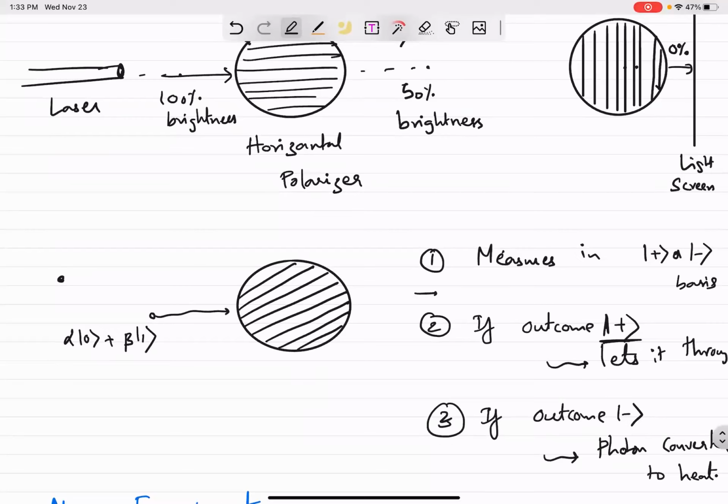It measures the incoming photon in the plus or minus basis. And when we measure, the outcome is plus with probability proportional to the length of the projection of 0 along plus, which is half, right? Then it goes through. Or it's minus with probability half, then it gets converted to heat. Does it answer your question?